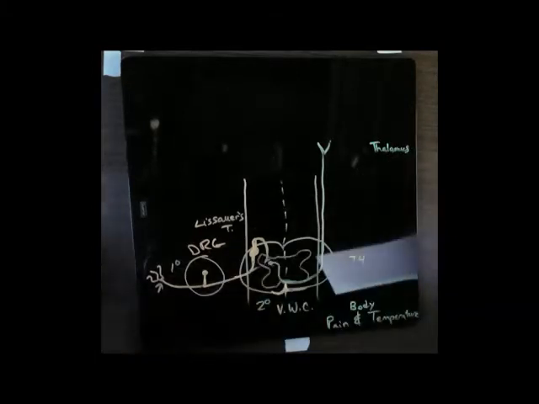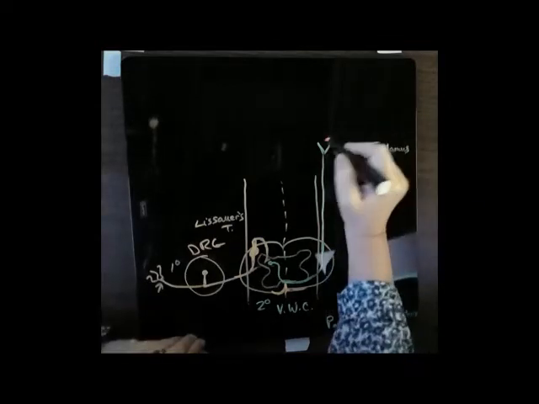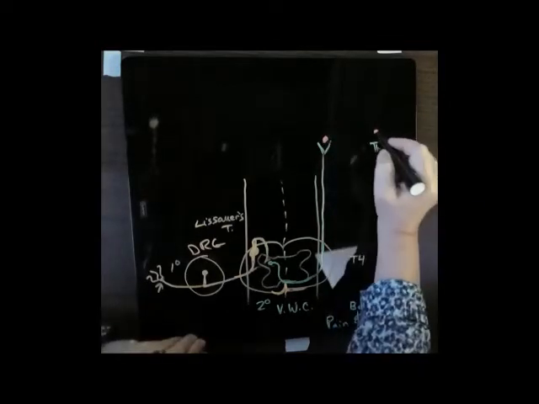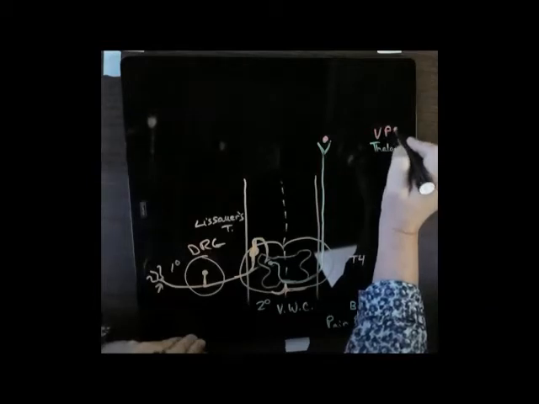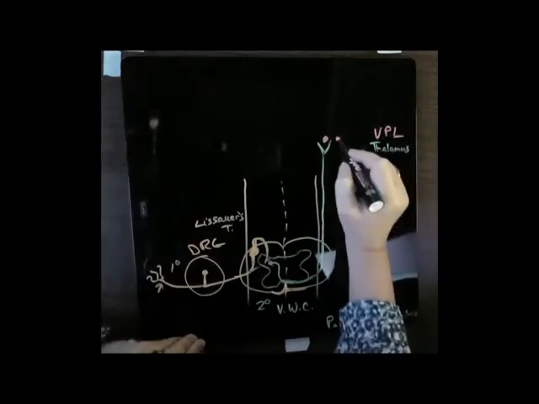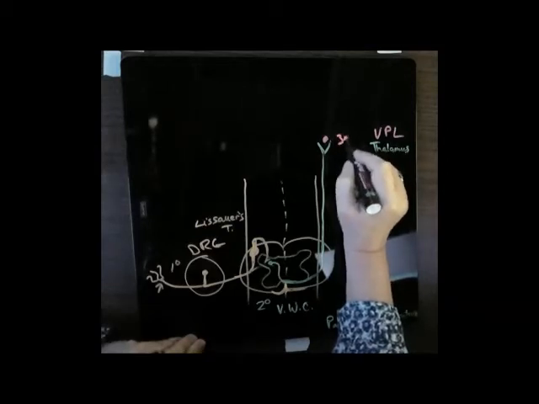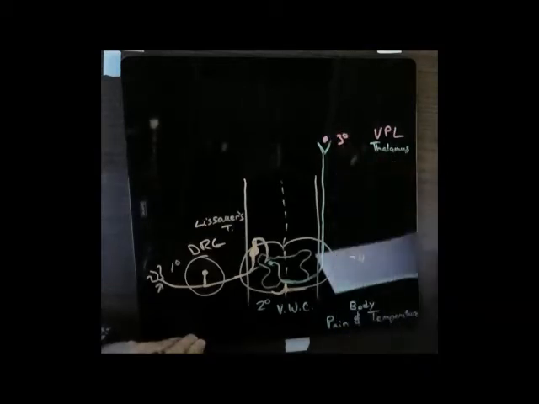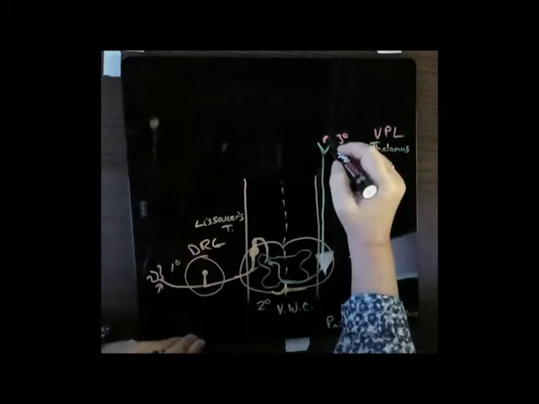This is information from the body. So the specific thalamic nucleus is the VPL, the ventral posterior lateral nucleus of the thalamus. Okay? And that then is the third order neuron in the pathway. What do the thalamic neurons do?